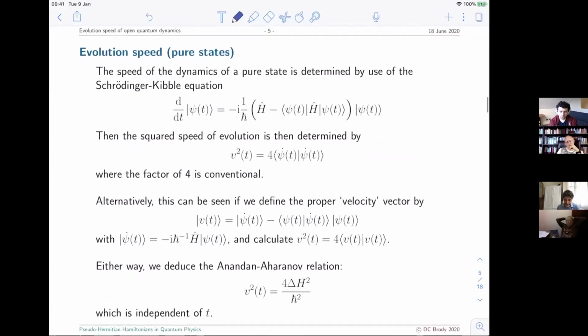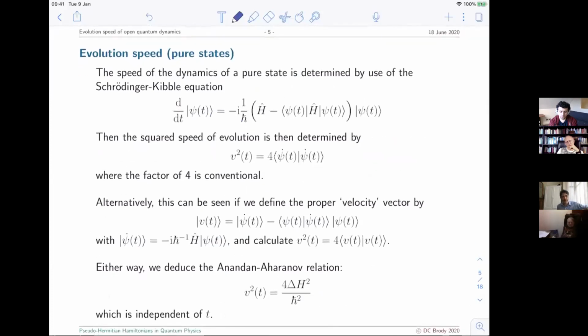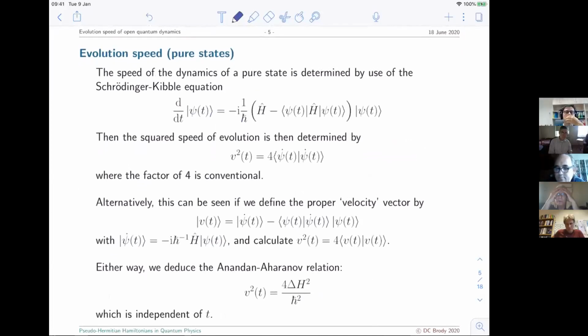Okay, so now switching topic again to discussing briefly the speed of evolution in the case of pure state in a Hermitian context. To study the speed of the dynamics of the state, we write down what one might call the Schrödinger-Kibble equation, which is the top equation up here.